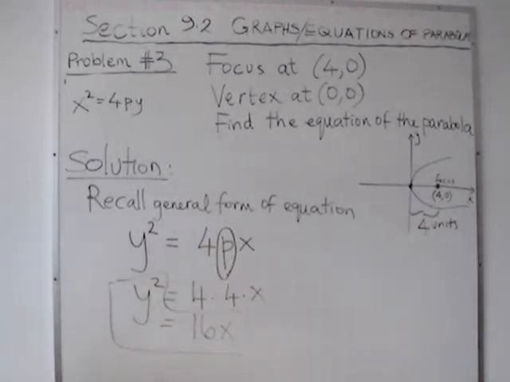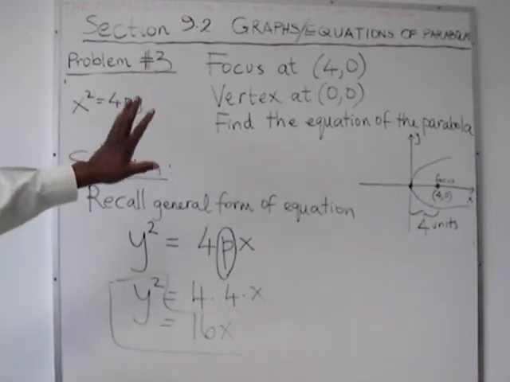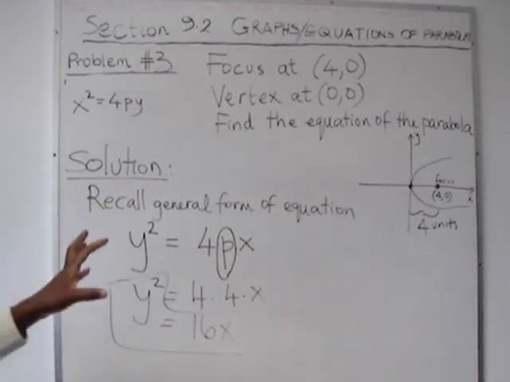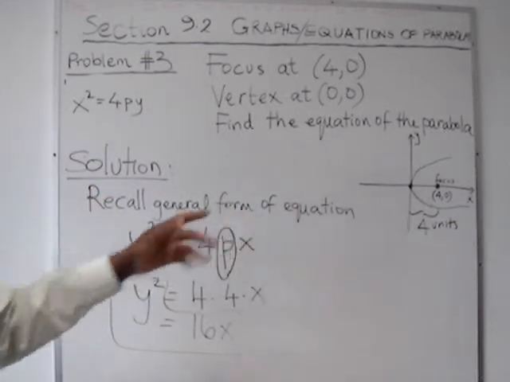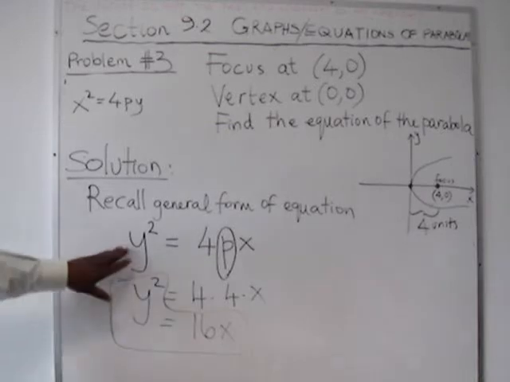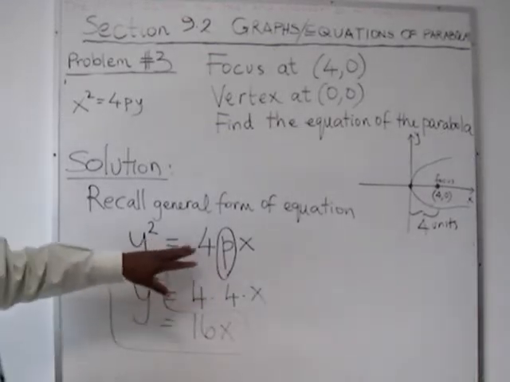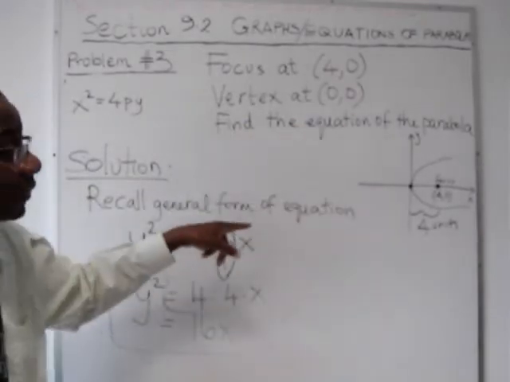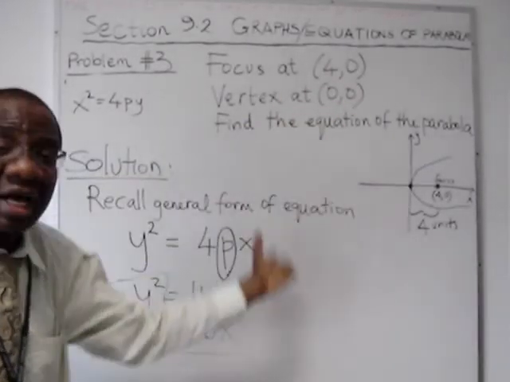I hope that's clear. This one is extremely simple. I think the second one we did is a little more interesting. You have to think a little harder, but this one really is quite straightforward. So just remember the general form of the equation, that there are two types depending on whether it's facing left or right, or whether it's facing up or down.